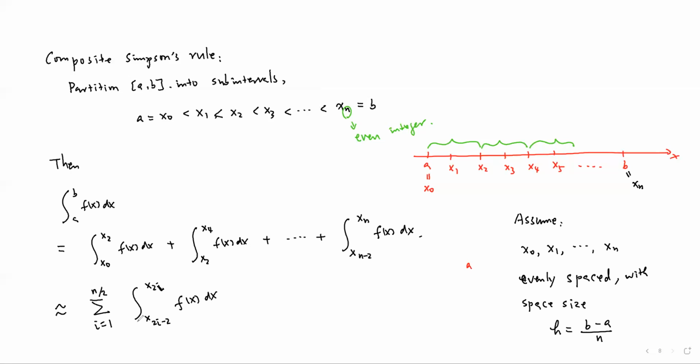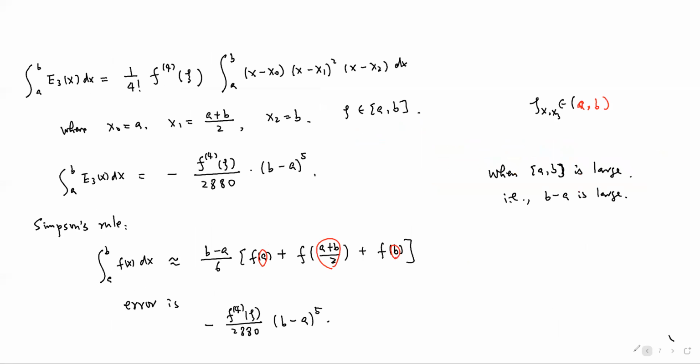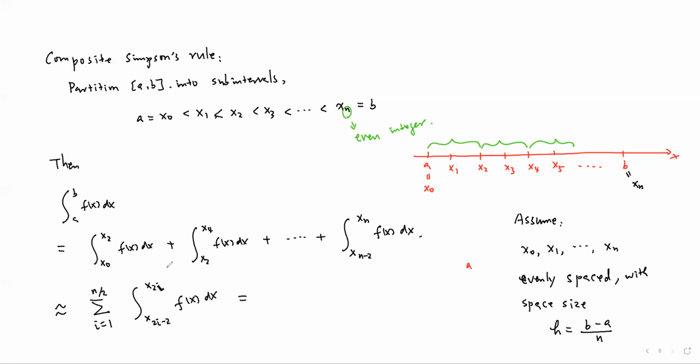Now apply Simpson's rule to this integral. We have Simpson's rule, B minus A. For this integral, B is x2i and A is x2i minus 2. So B minus A should be 2h, a constant.